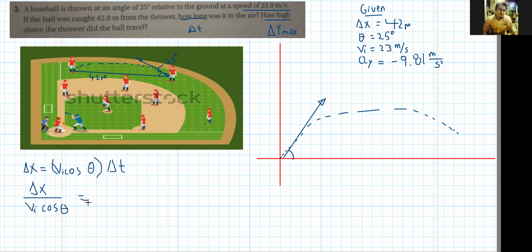With this simple step, you can calculate the interval of the time, which is the first question in the exercise. 42 meters divided by 23 meters per second multiplied by cosine of 25 degrees.